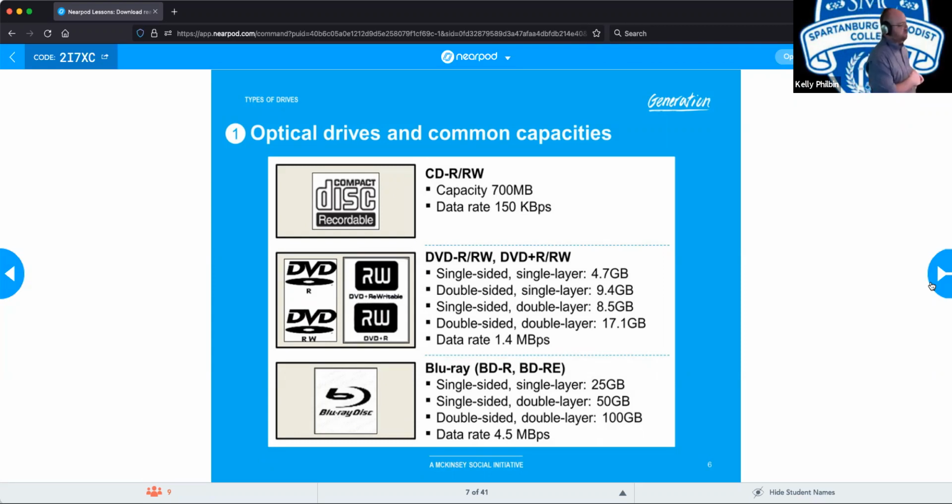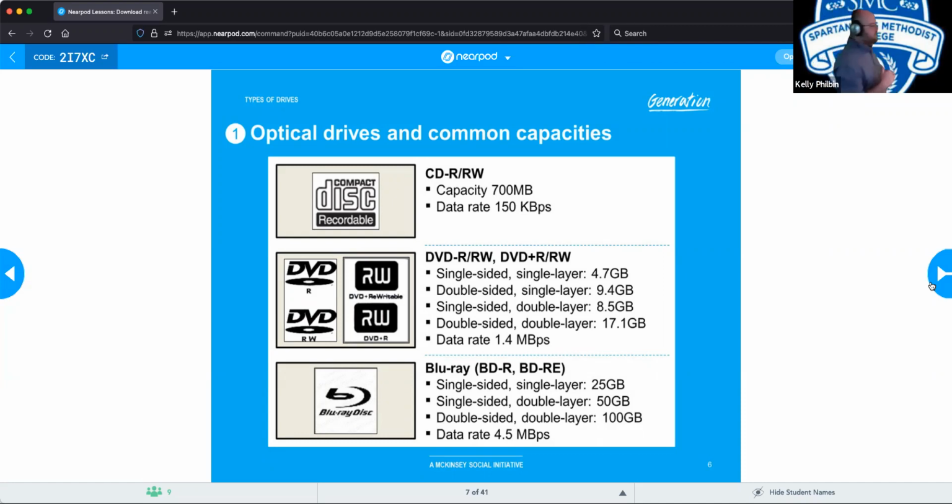So when you get into DVDs, they started getting a little creative. First, it was single-sided, single layer, rewritable. And you could get up to 4.7 gigabytes on a disc. That was a really, really big jump for that time period. And then they figured out that with different types of lasers, they could actually multi-layer the drives and double their capacity.